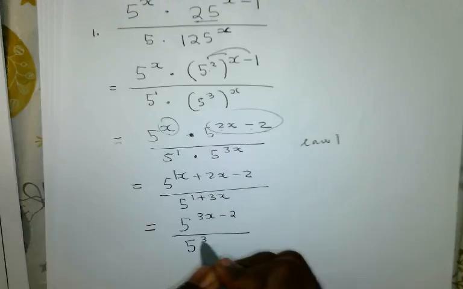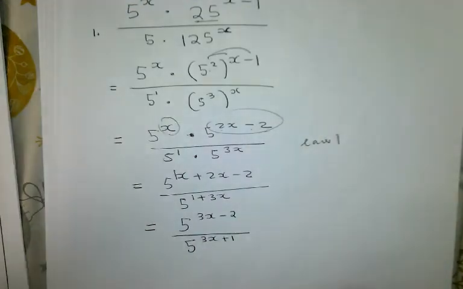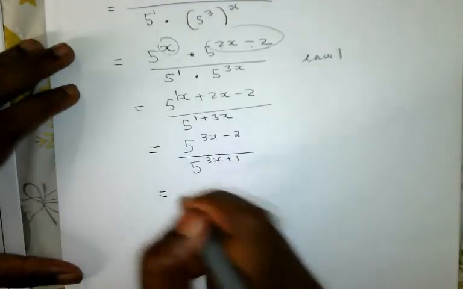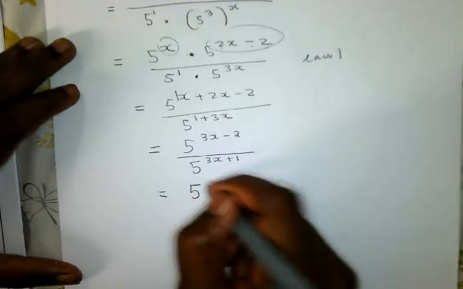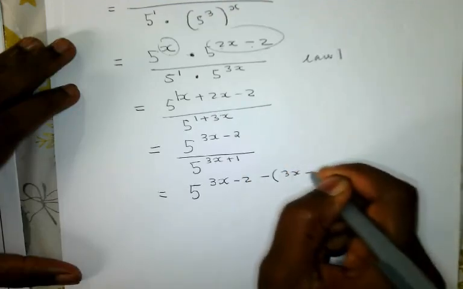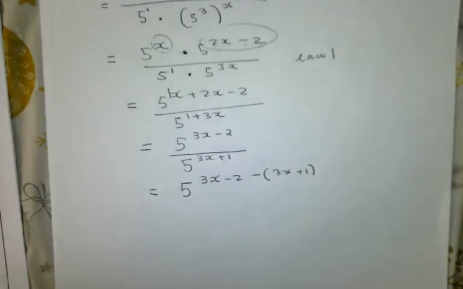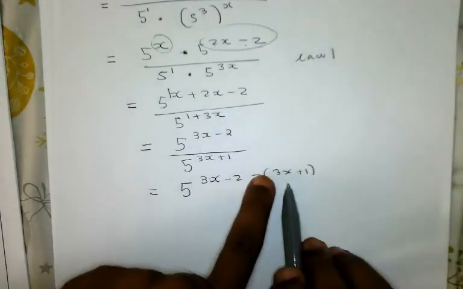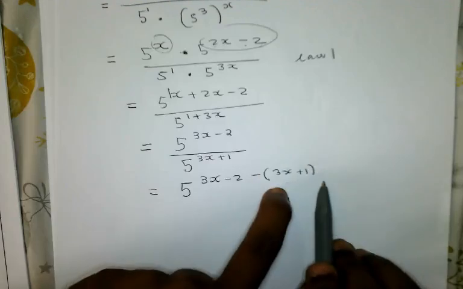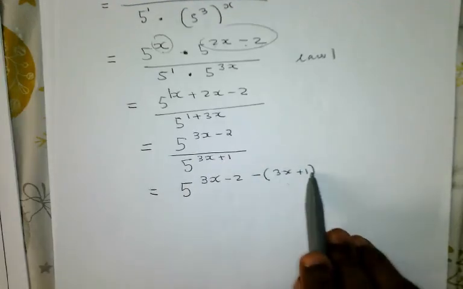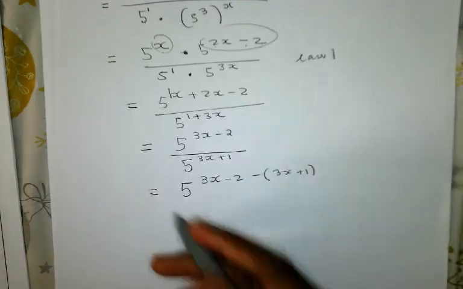Then here, people, we are going to apply law 2 of exponents. Subtract the exponents. Look at what I'm doing. If I'm subtracting the exponents, I need to introduce a negative in front of this whole expression, because everything here is going to be affected by the negative. Such that it's 3x minus 2 minus 3x minus 1.